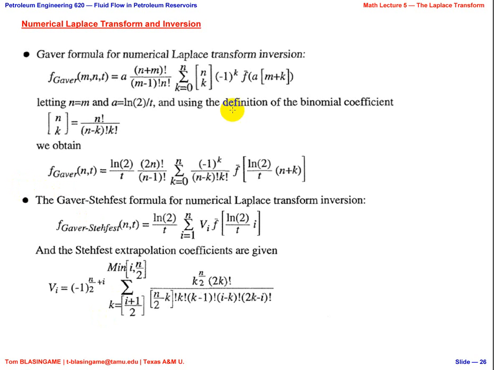Let's say you want to use two terms. This would expand like this: V1 times the function evaluated at this, times 1, plus V2 times the function evaluated at this, times 2, where V1 and V2 are computed with this.